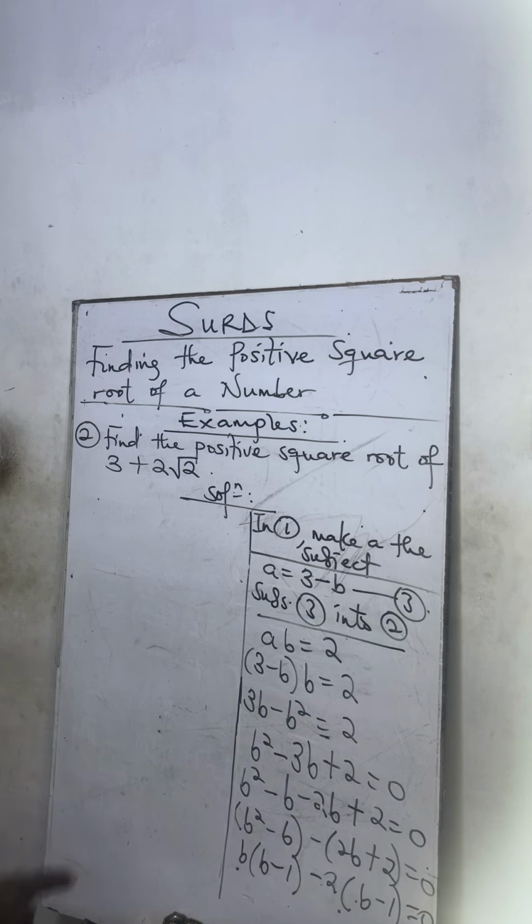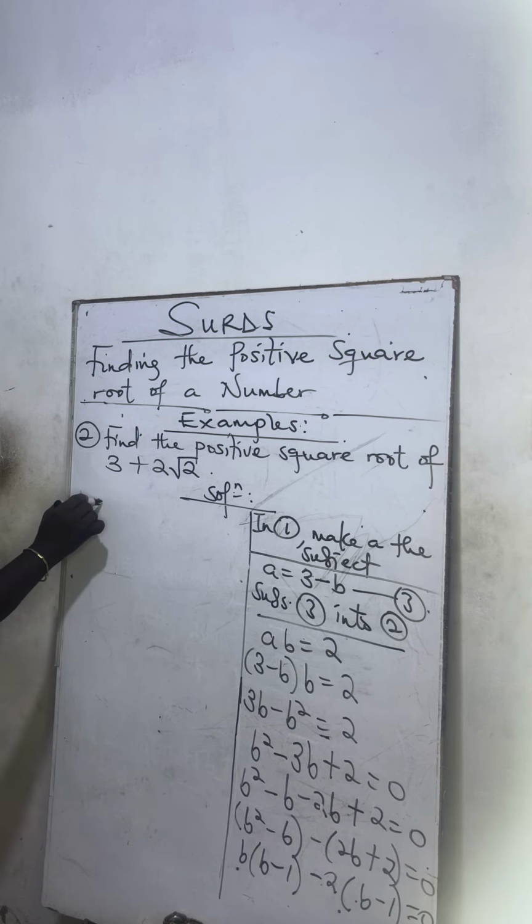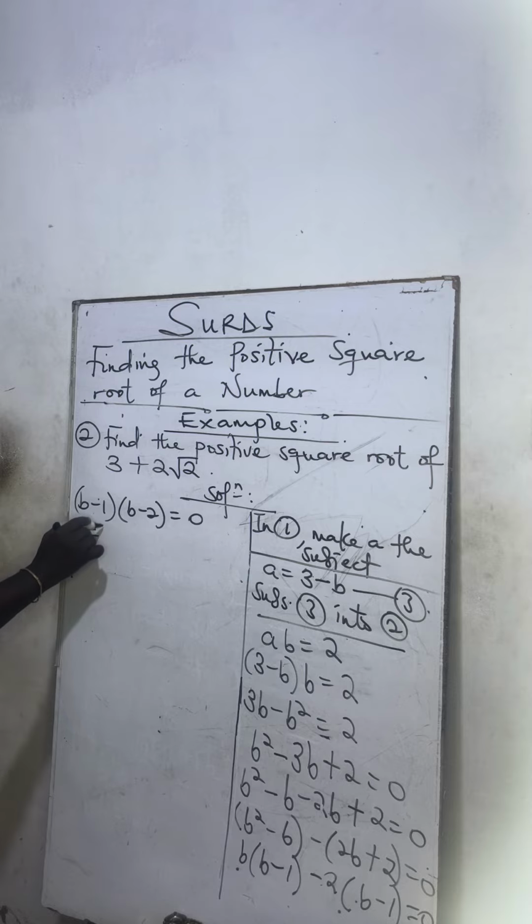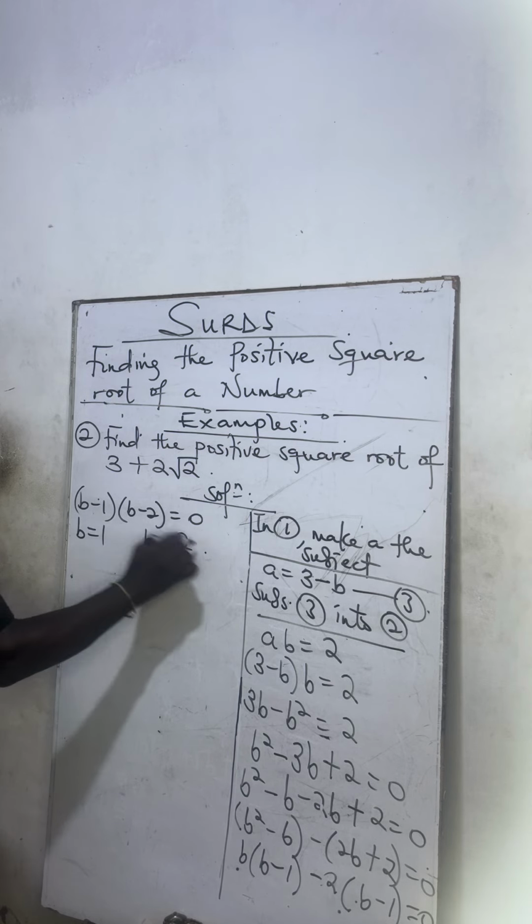So we factorize b minus 1 out, then we get b minus 2 equals 0. By the null property, b equals 1, b equals 2.